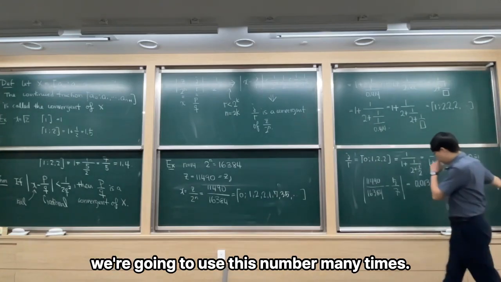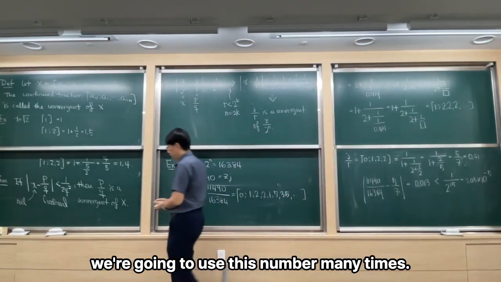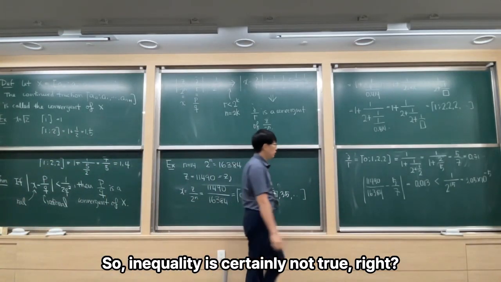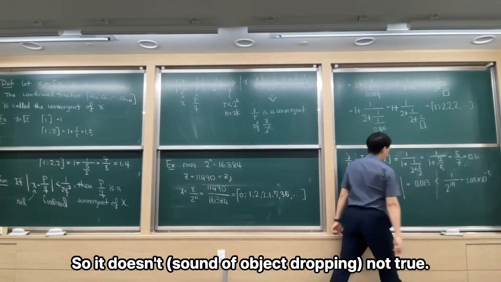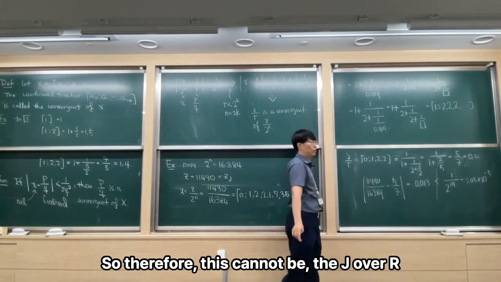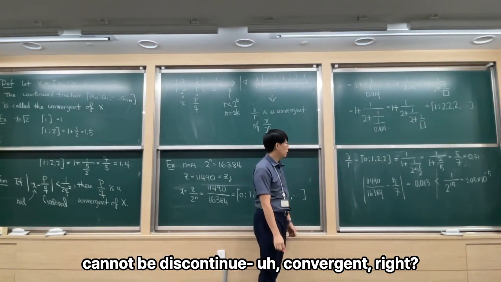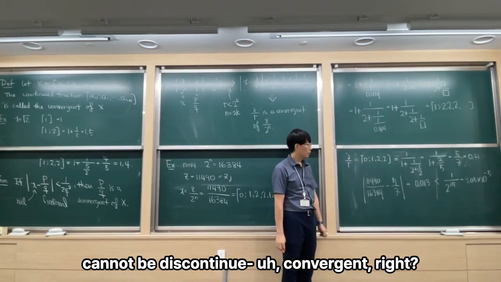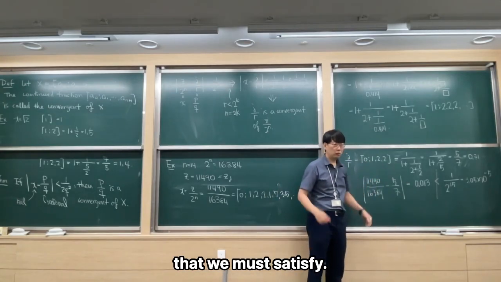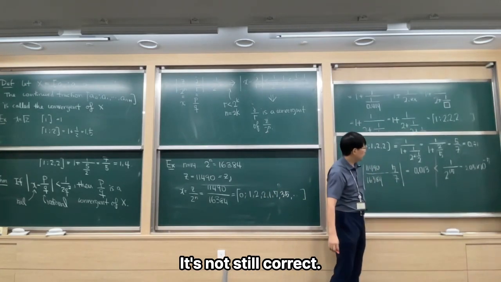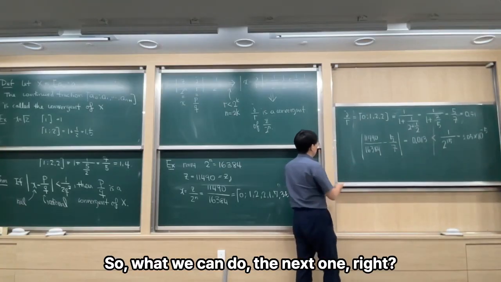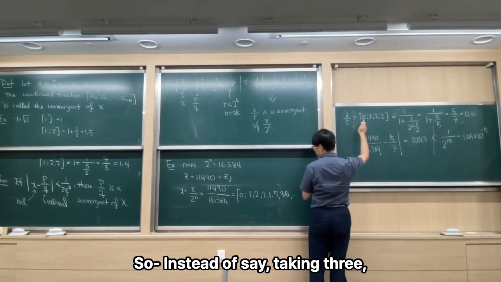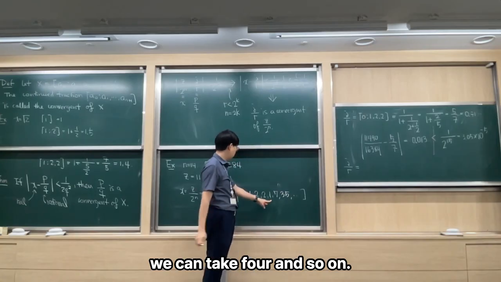We're going to use this number many times. So the inequality is certainly not true. Therefore j over r cannot be this convergent. This is the inequality that we must satisfy, and it's still not correct. So what we can do is take the next one. Instead of taking 3, we can take 4, and so on.